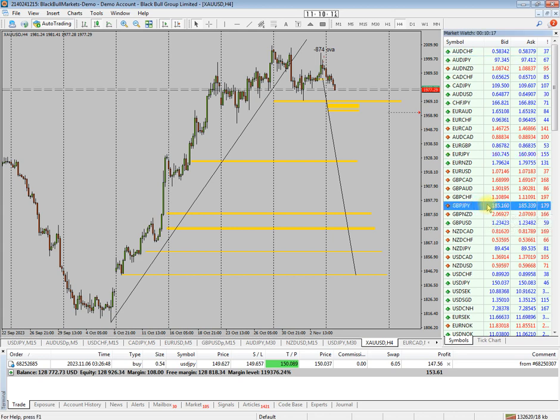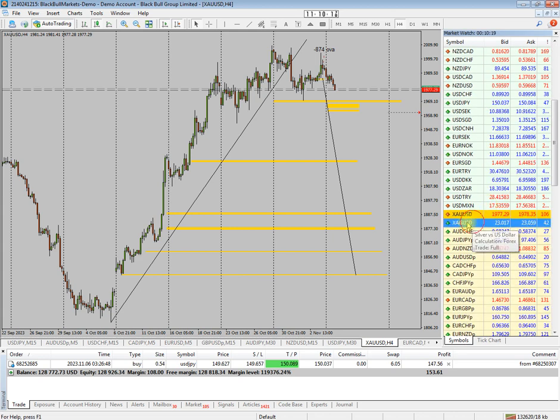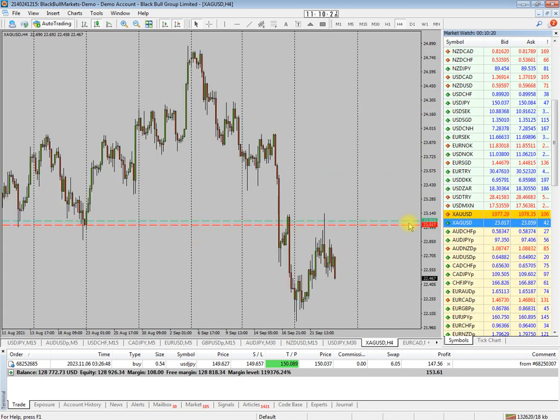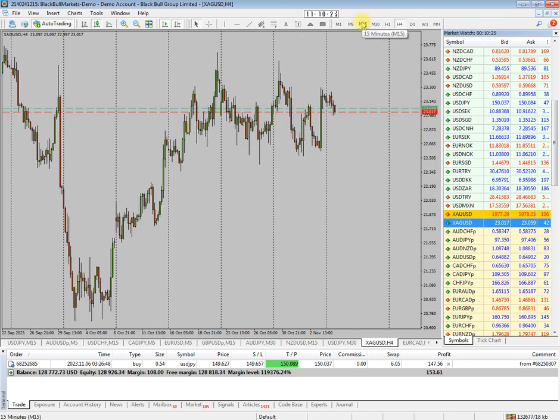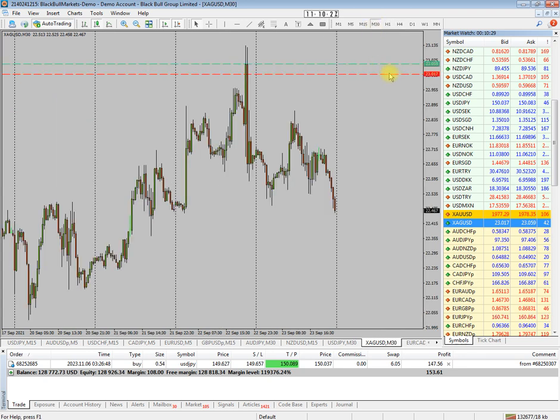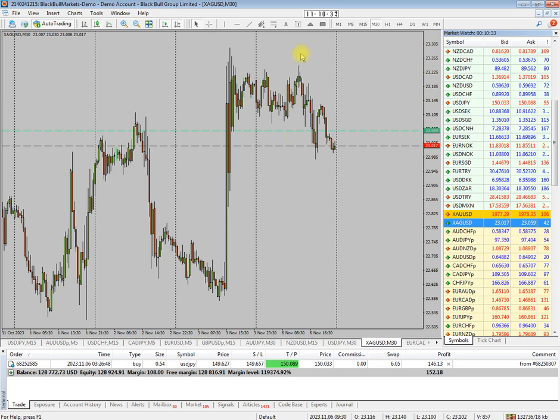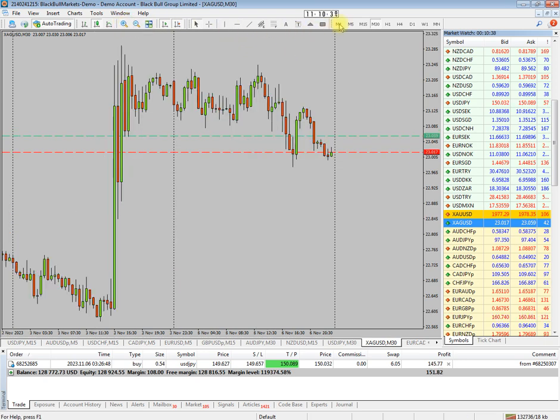So let's drag over the silver. And on the 30-minute, okay, same sort of thing. Right, let's see if we can increase this one. So we've gone up, we've come down.